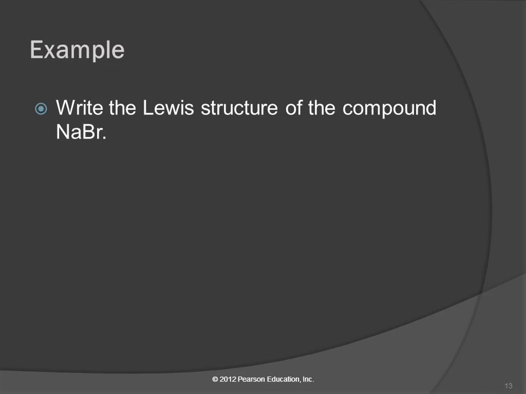So let's write the Lewis structure for the compound sodium bromide. I'm going to do a little extra work here, just for illustration. How many valence electrons does sodium have? 1. And how many does bromine have? 7. So sodium and bromine are going to see how they can help each other out.